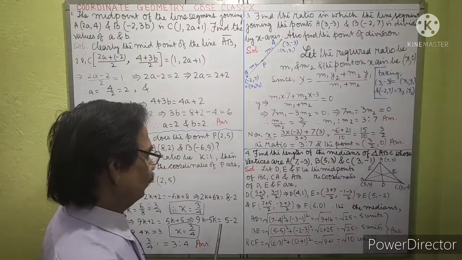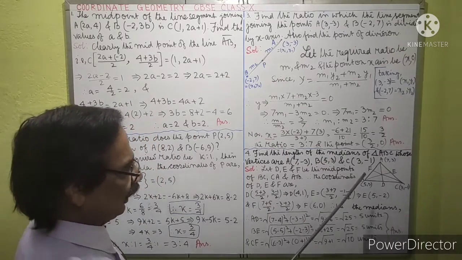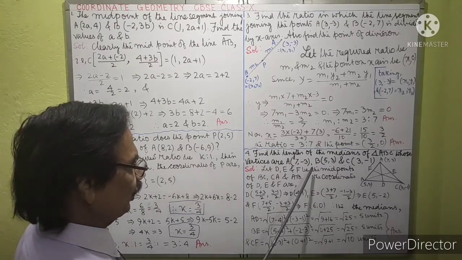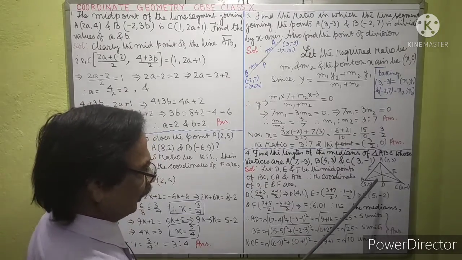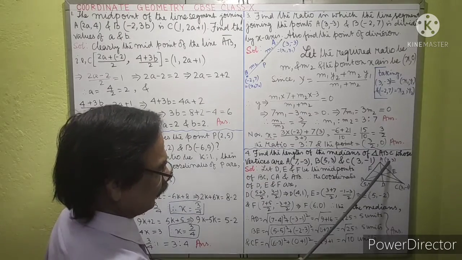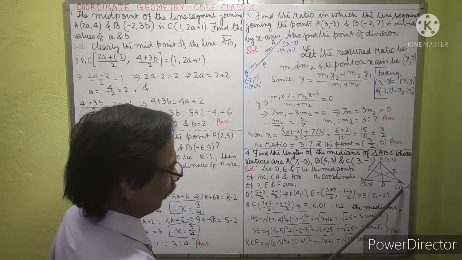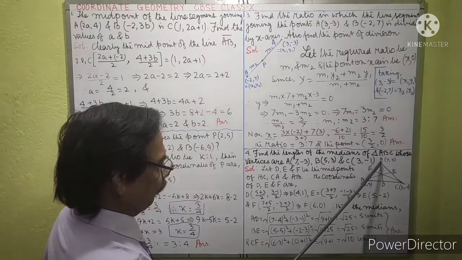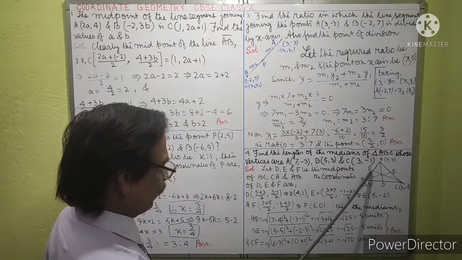The fourth problem is to find the lengths of the medians of triangle ABC whose vertices are A (7, -3), B (5, 3) and C (3, -1). Let the triangle be like this, and let the medians be AD, BE and CF.